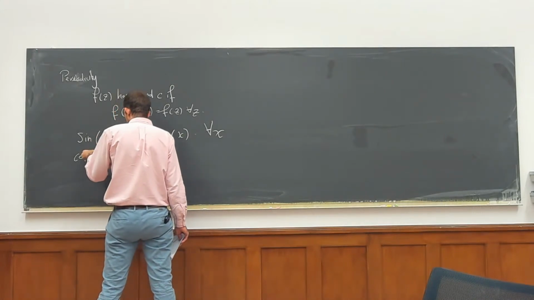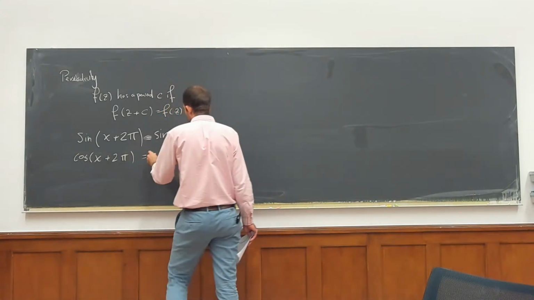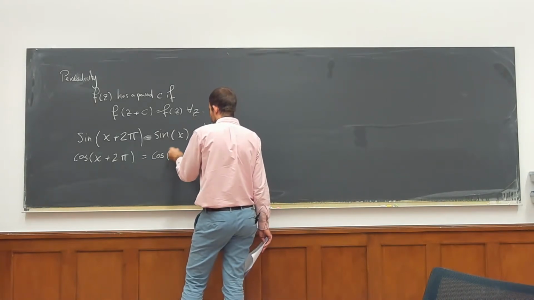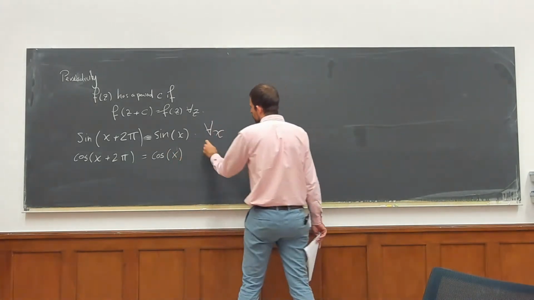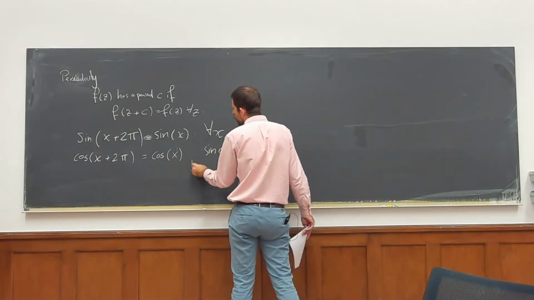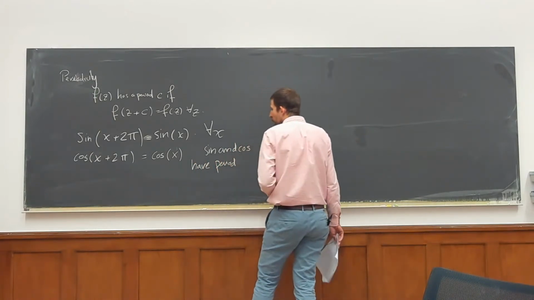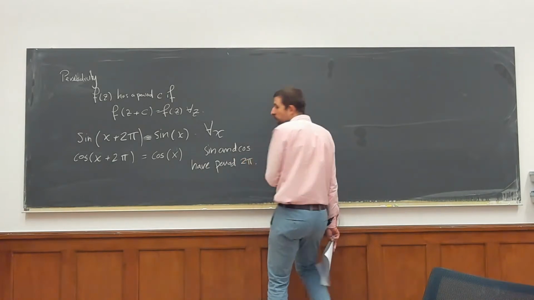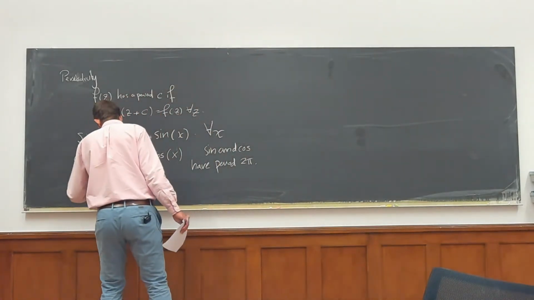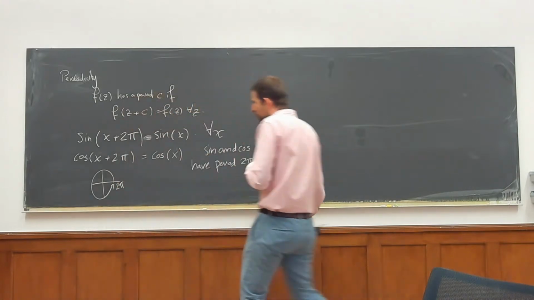Sine and cosine of x have period 2 pi, the angle going around the circle a full time. 2 pi just corresponds to going around the circle a full time, and then everything looks the same.